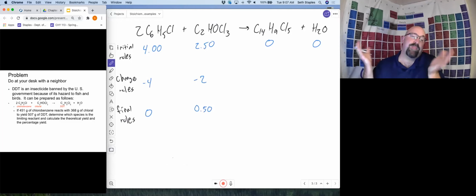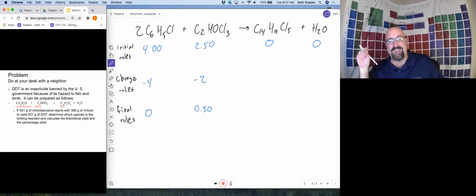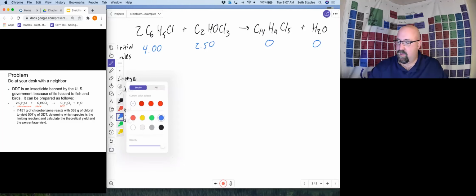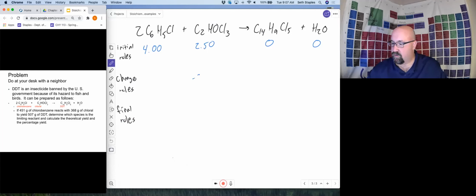And so we can see already this is the correct setup, because this is the one that is going to leave us with some excess of one of the reactants, and the other reactant is 0. Just in case you don't believe that, let's go through and prove it and choose the other one instead, just to show. And so let's say that we make an assumption to start that the chloral is our limiting reactant.